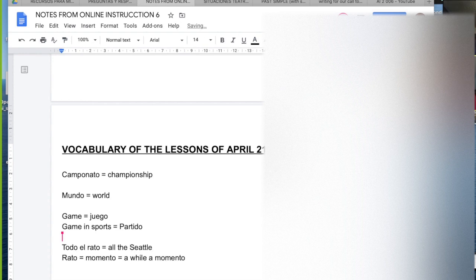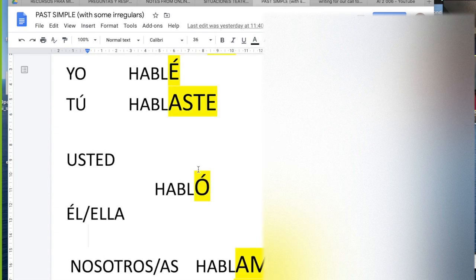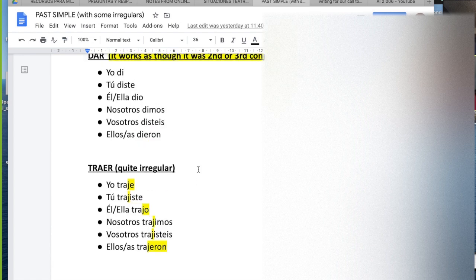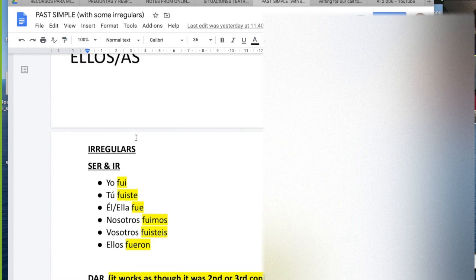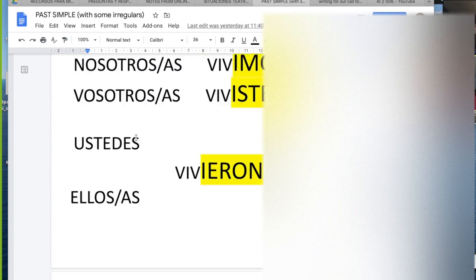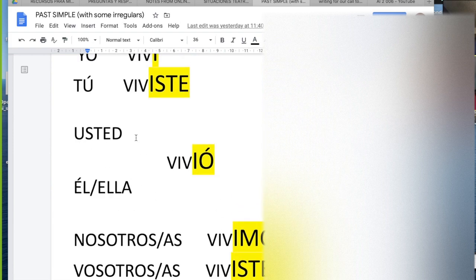Sí, pero yo voy a... Mira, Finn, aquí. To go, in past tense. Yo fui a Lincoln Park y Alki en bicicleta.